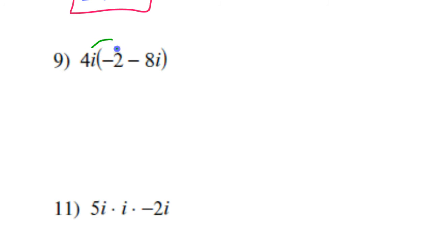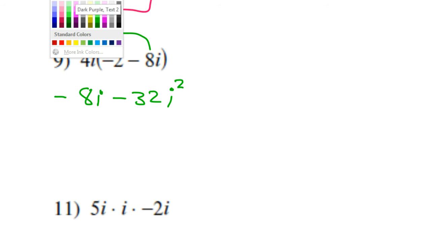All right, here we have to distribute the 4i. So 4i times negative 2 is going to be negative 8i. Now, 4i times negative 8i is going to be negative 32, but be careful, it'll be i squared, because i times i is i squared. Now remember that i squared is negative 1.